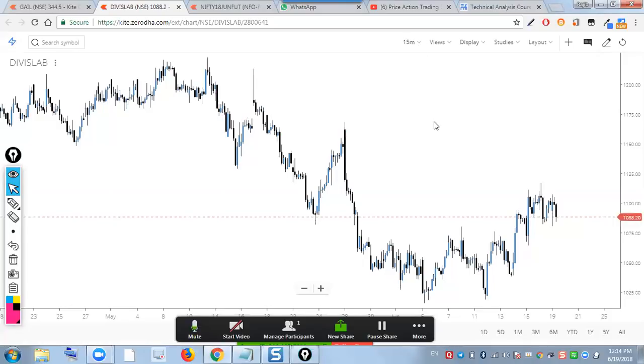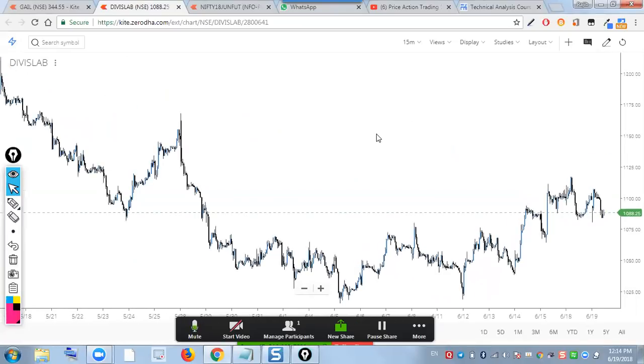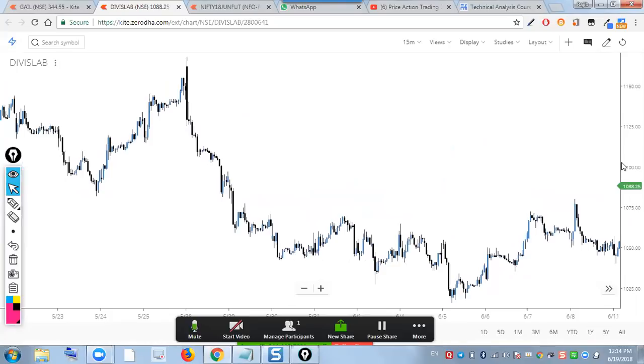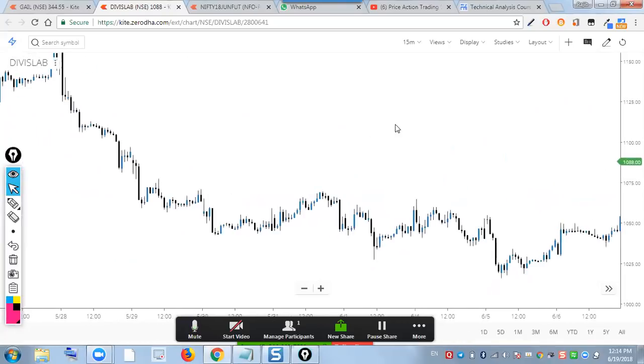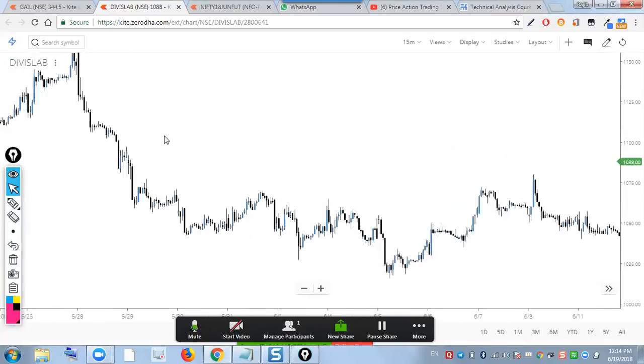Let's go to the 15-minute time frame. There are some other price action scenarios you can see here in terms of the reversals. Look at here. Price coming down here, and the swing was going on in terms of the lower high.